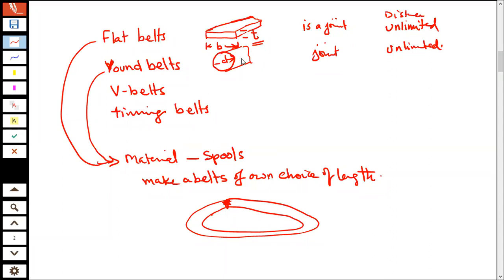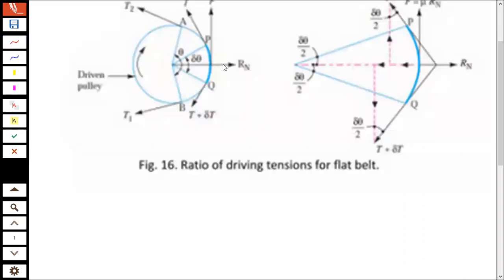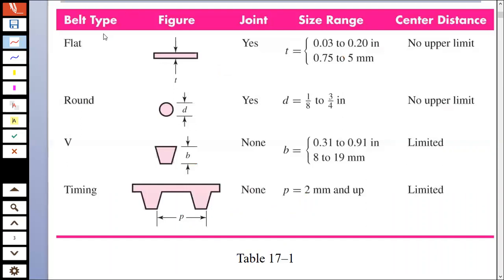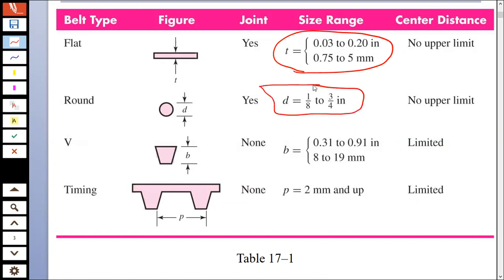These thicknesses are standard thicknesses, and similarly the diameters are also standard diameters. We can have a look at it. For example, here you can have these thicknesses, the sizes available in here, right? Similarly, for round belts, these are the thicknesses that are available.